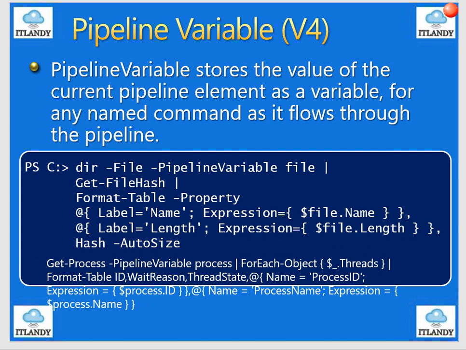A very basic example of how the pipeline works. In this example, the PipelineVariable parameter is added to the ForEach-Object command to store the result of the command in variables. A range of numbers from 1 to 10 is piped into the first ForEach-Object command, and the result will be the variable on the left.